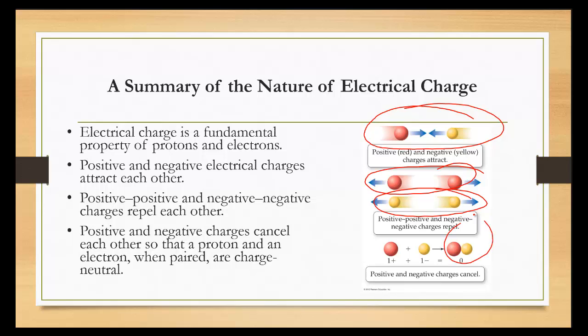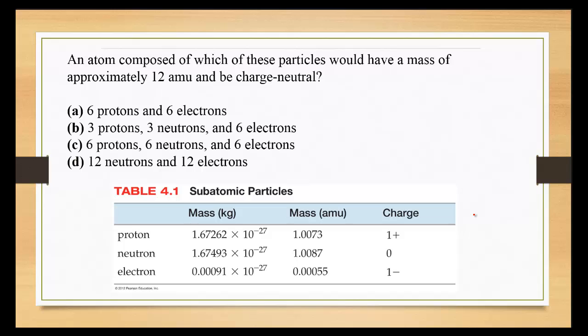So let's do one small practice problem. An atom composed of which of these particles would have the mass of approximately 12 AMU? Let's go through these. So A, 6 protons, that'd be 6 times 1, and 6 electrons.